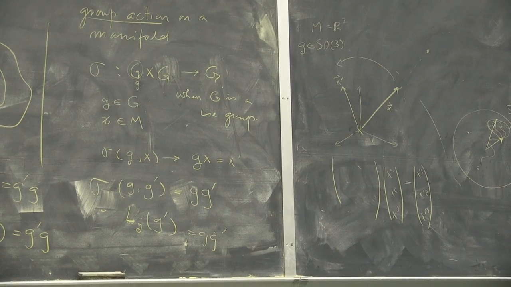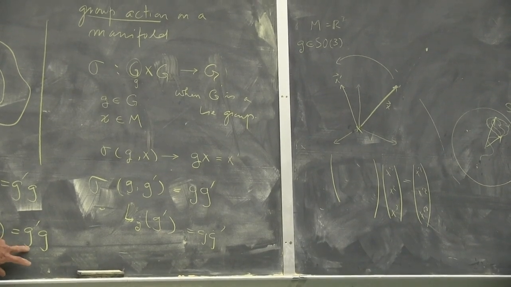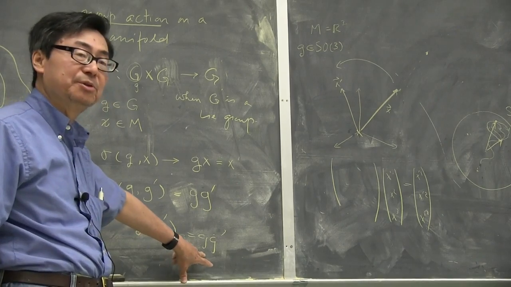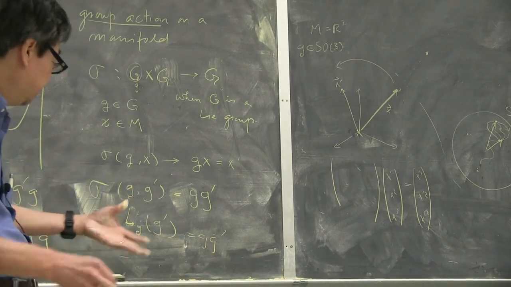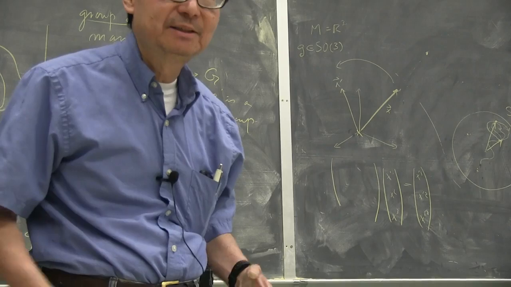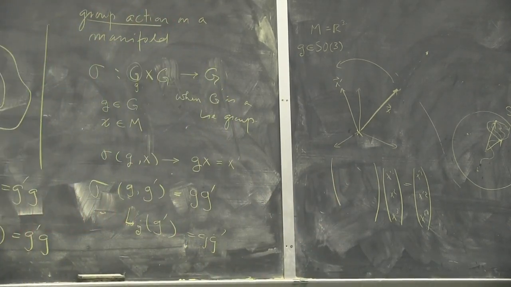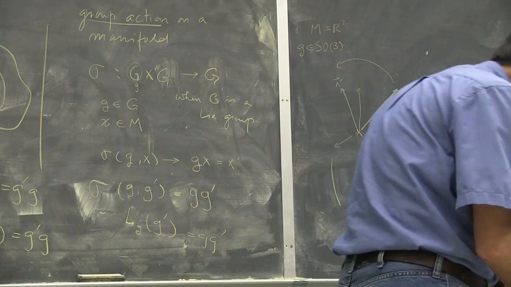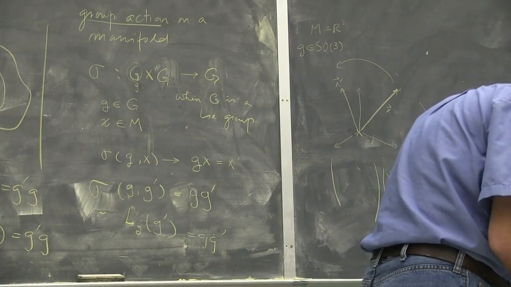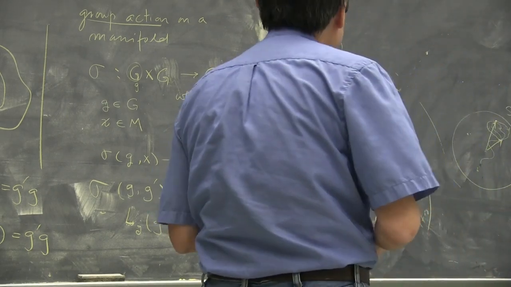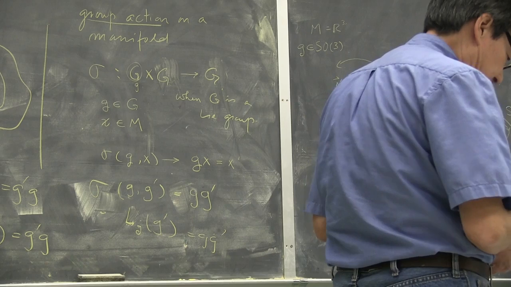Using a right action acting on some G prime will produce this. Using the left action acting on the same G prime will produce this, but the two are very different because G G prime is not the same as G prime G in general. Group multiplication is not necessarily commutative, okay? All right, so that's another important concept which we will come across later.